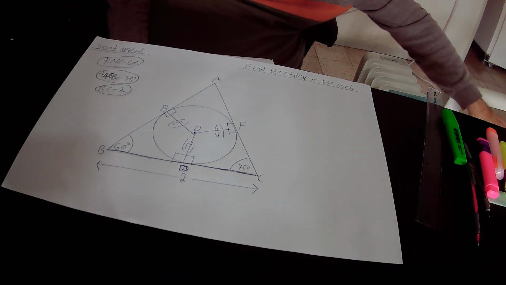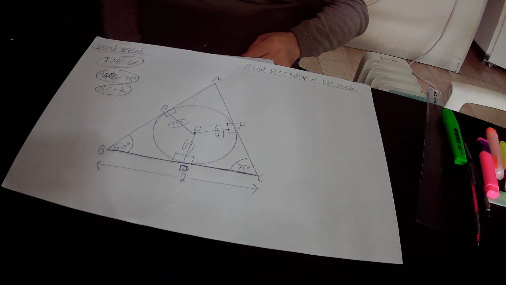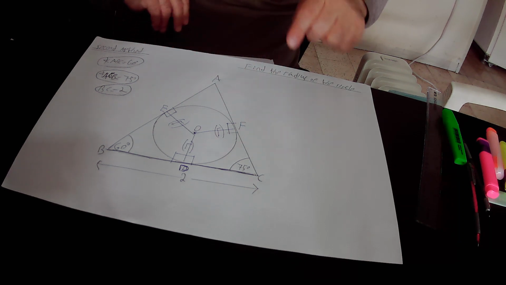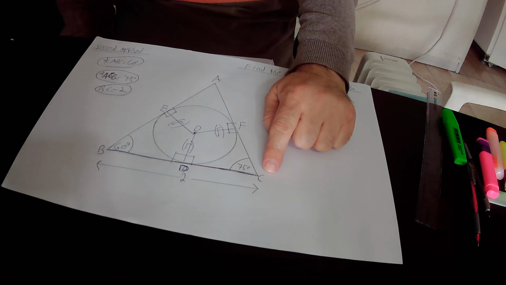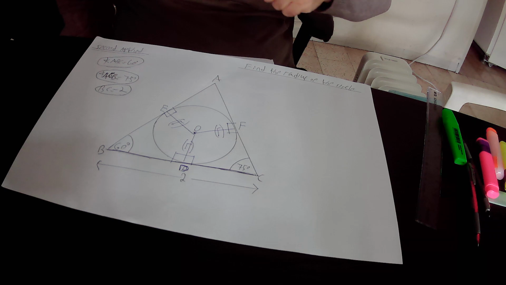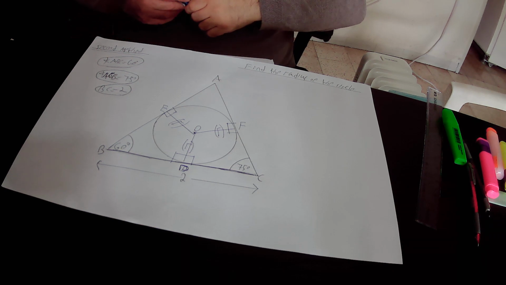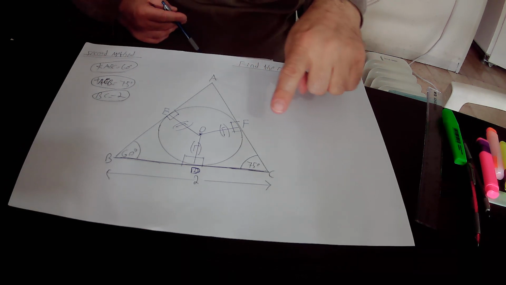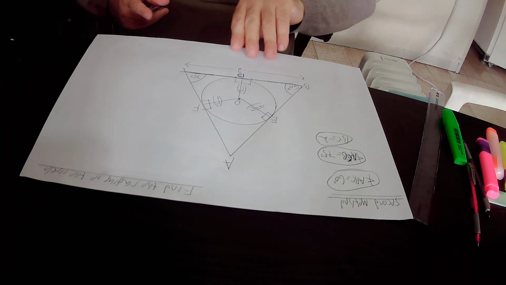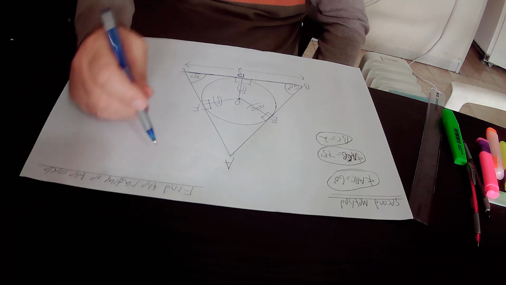In our drawing, if we focus on the common start point C, from the common start point C we have two tangents to this circle, tangent CF and tangent CD. And according to rule number 2, they are equal to each other. So you can write down here that CF equals CD according to rule number 2.